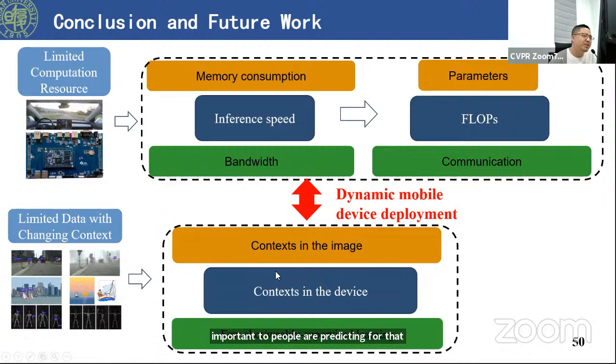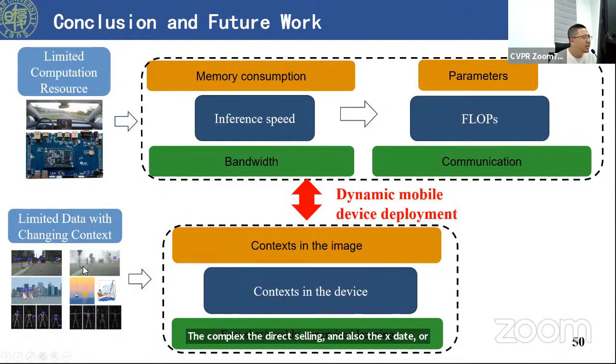The second one is the context in the device. For example, a mobile device with various kinds of sensors will record, for example, the GPS, the compass, the direction, and also the axis parameters, or even temperature. This contextual information in the device should also be considered to deploy the AI model on mobile devices in the future.